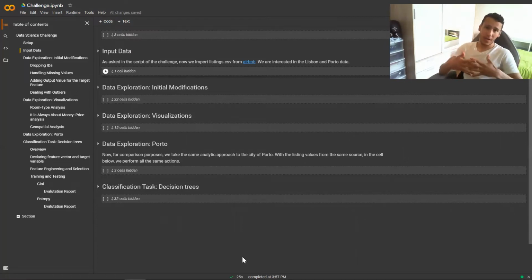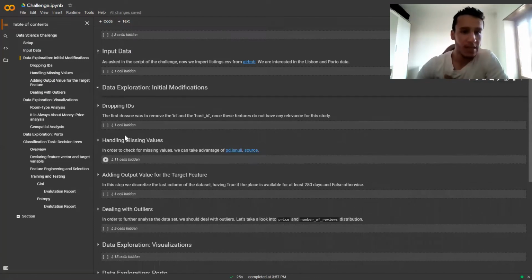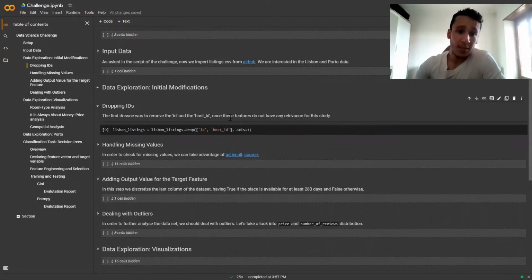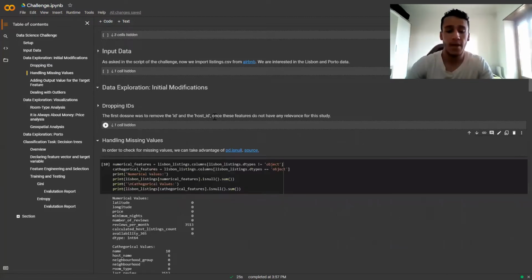So it's really fun, and you get to know a little bit of the behavior of our city, of my city in this case. So let's go. First, we do the initial modifications. We just drop the IDs because they just are a reference for a listing or a person, so no information there. And handling the missing values.